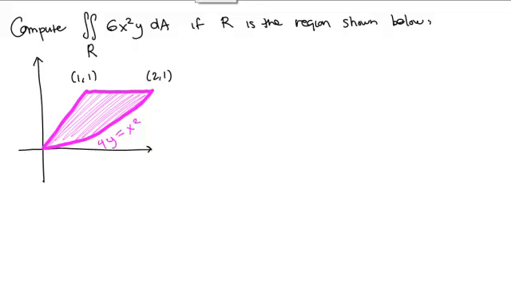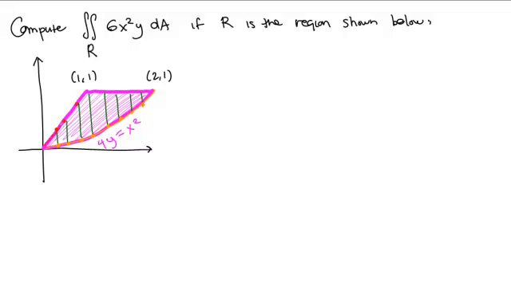Compute the double integral of the function 6x squared y over R if R is the region shown below. Right now, the only tool we have in our arsenal is Fubini's theorem, which applies to vertically simple domains. However, if we draw a number of vertical lines to test this, notice that while all of our vertical lines have the exact same bottom edge, specifically the curve given by 4y equals x squared, they have different top edges.